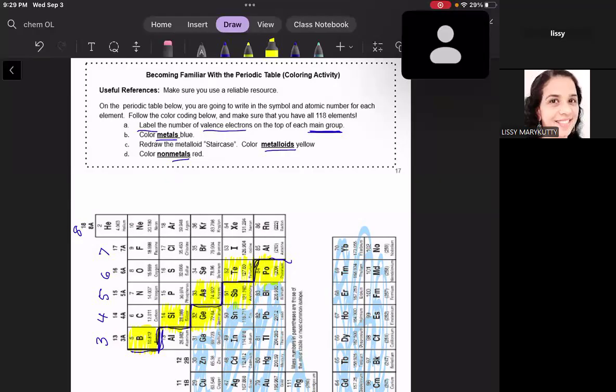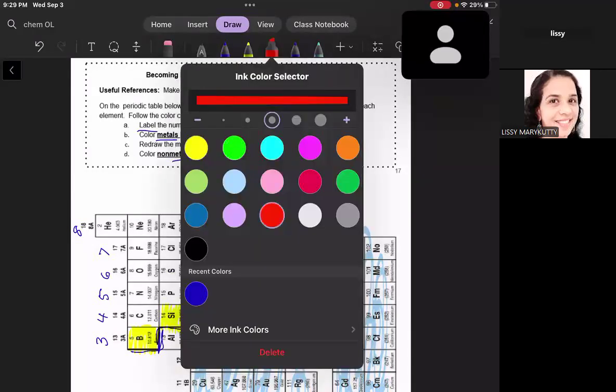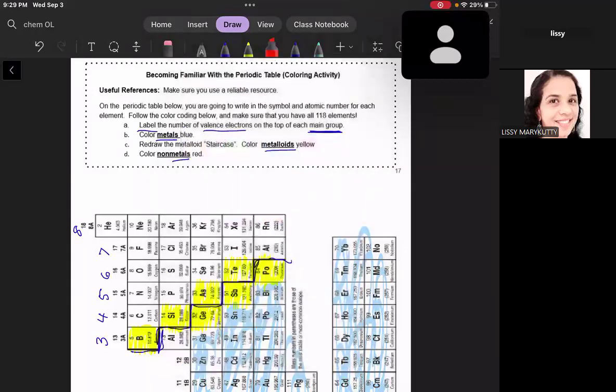Okay, now we need a red color. If you are not done, you can pause the video and then continue later, okay? All nonmetals, I'm going to color that with the red, okay? So, these are in red.